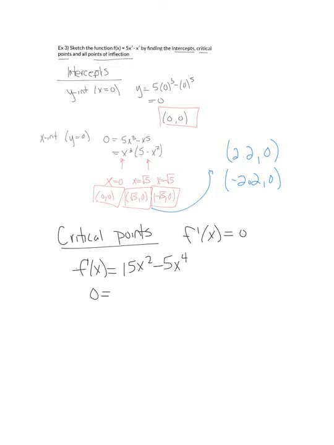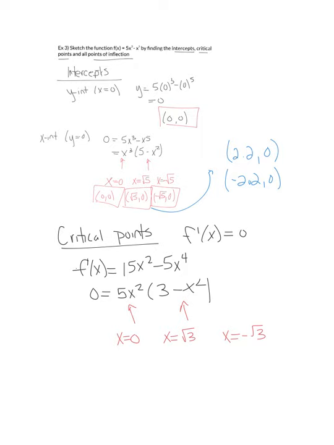When I set that equal to 0, I can go ahead and factor a little bit of this right now. 5x squared, I'll be left with 3 minus x squared. And so what this is leaving me with is a critical point at 0, and then 2 more critical points. One of them is going to be at x equals root 3, and the other one at negative root 3.